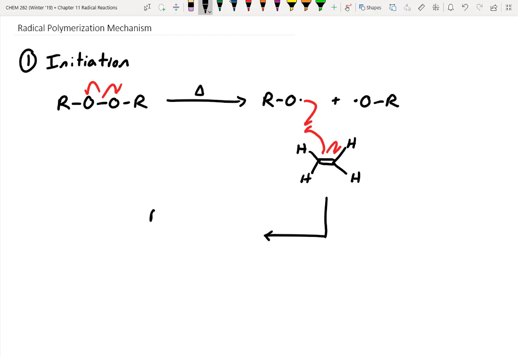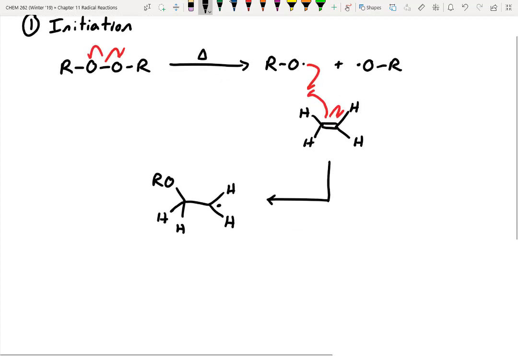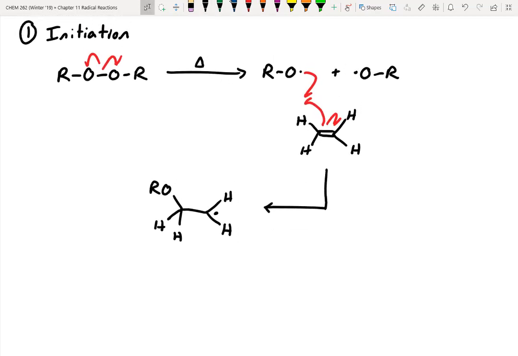All right, so now we've got our two hydrogens down here, and we've got our radical coming off that rightmost carbon. Does that make sense? All right, so now we've initiated our reaction.